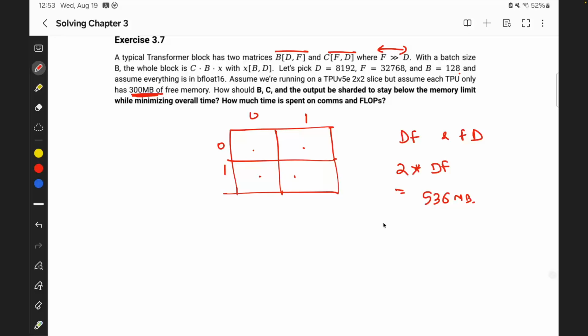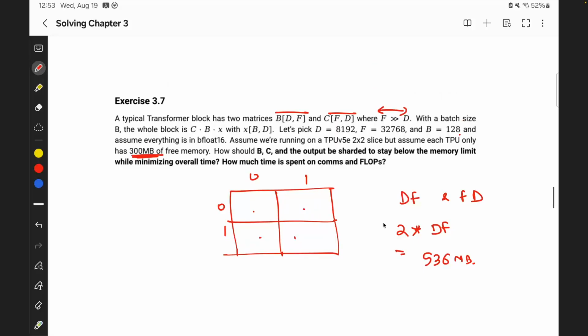If you also calculate the activations, they are much smaller.